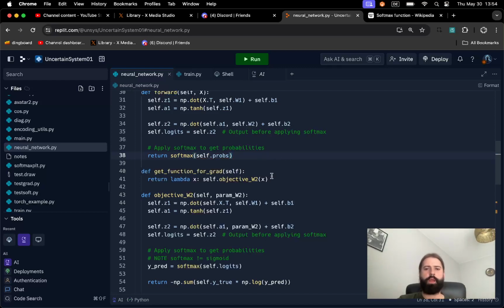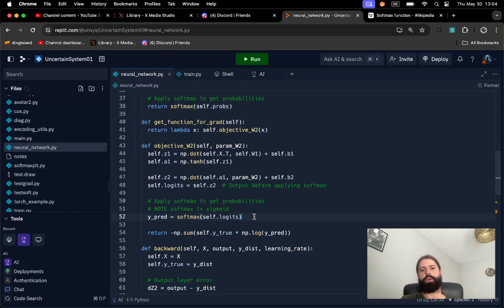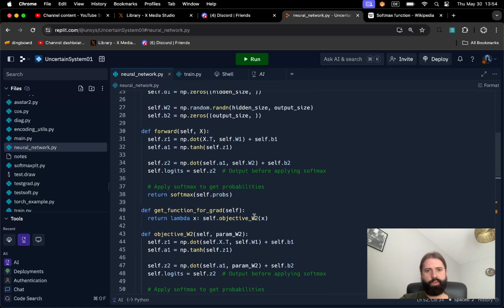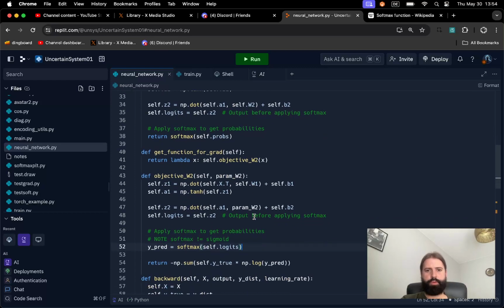Okay. Why does the derivative of these not work? So it's the forward pass. Then we have this objective function with respect to W2.